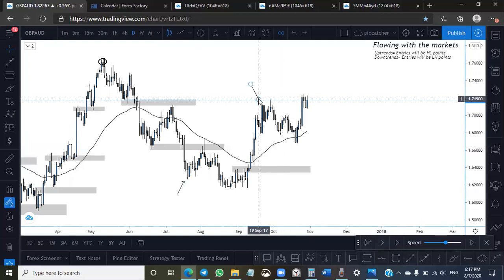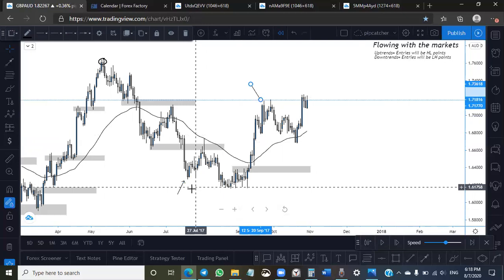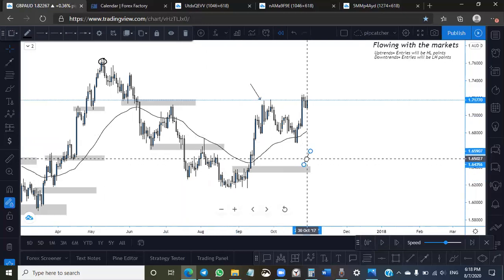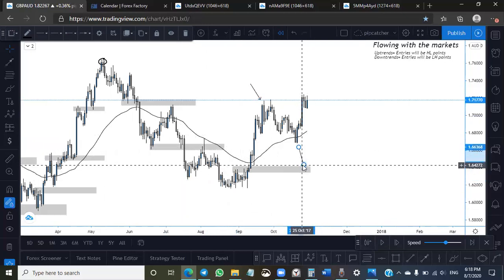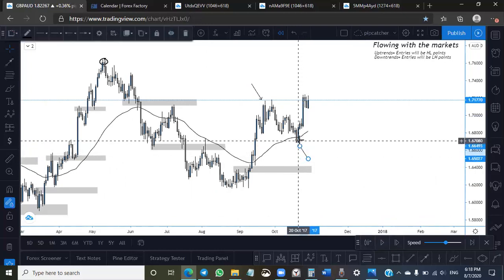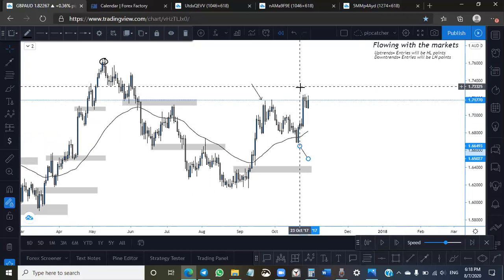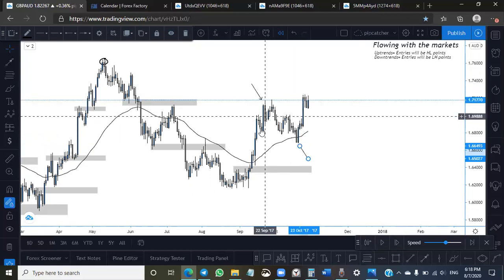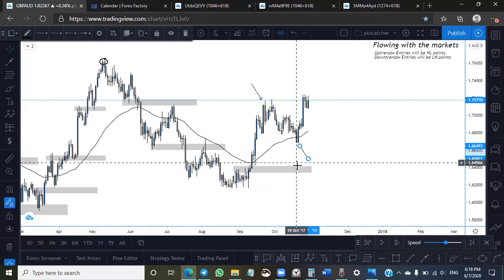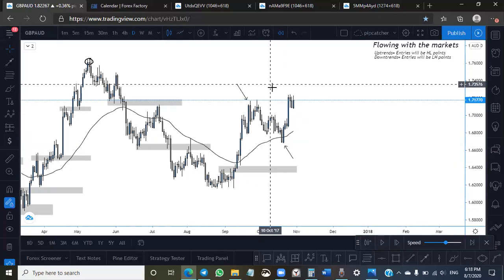Okay, perfect. So we have this high here, and now we are starting to see a higher low in this area, and the market has started to break above this high. So we didn't get back into this area down here. That is perfectly fine.